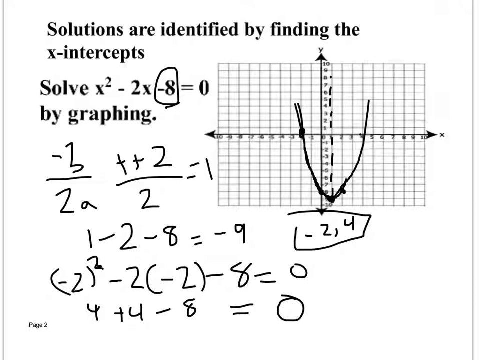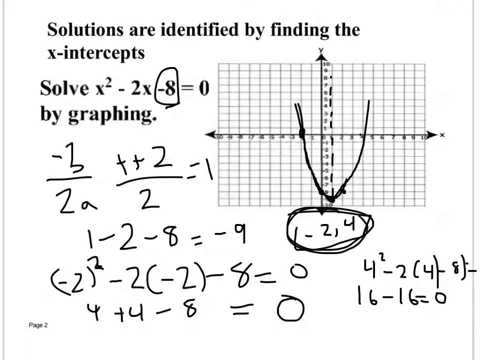So -2 works. Then we do 4. So 4 squared minus 2 times 4 minus 8, see if that's equal to 0. 16 minus 16 is 0. So that's true as well. So that's our solutions, -2 and 4.